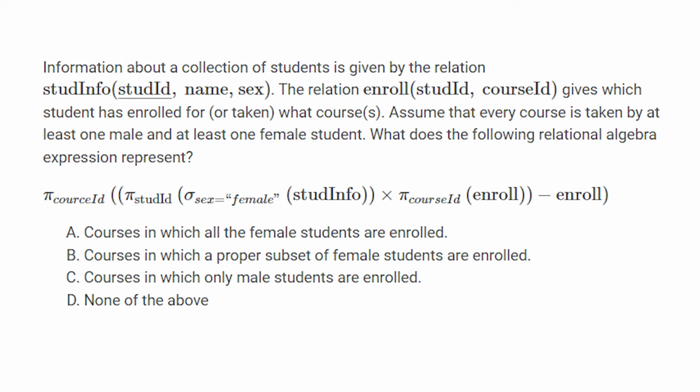The relation enroll, studId, courseId, gives which student has enrolled for what courses. Assume that every course is taken by at least one male and at least one female student. What does the following relational algebra expression represent? Have a look at this expression as well as the four options.